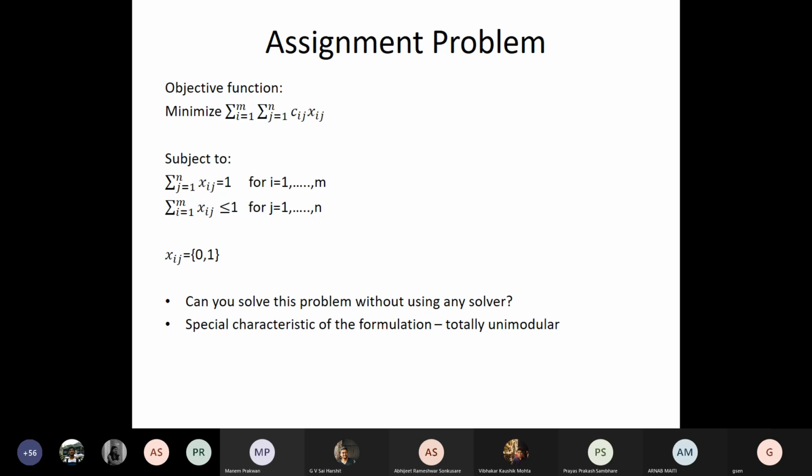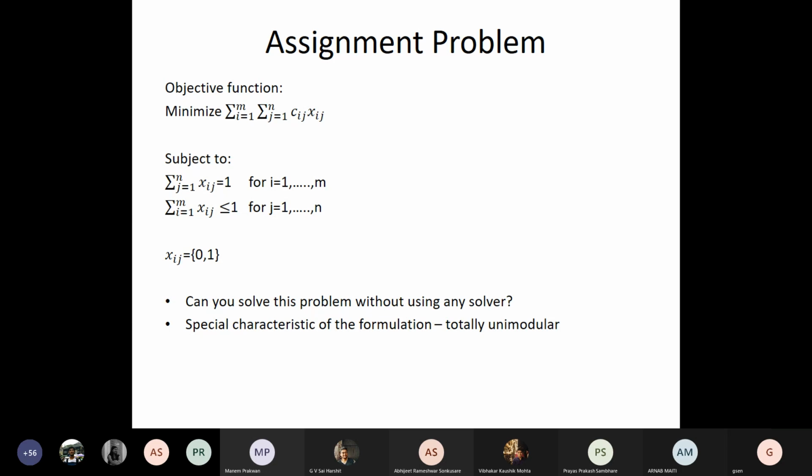Now each crew will charge differently because their experience level is different, pilots and all, suppose a variable pay system. So depending on their experience, each crew will charge differently for the aircraft that it flies, and that is given by CIJ. So CIJ means if crew I is flying aircraft J, then this salary you have to give.